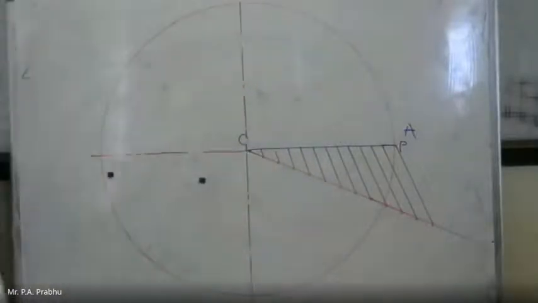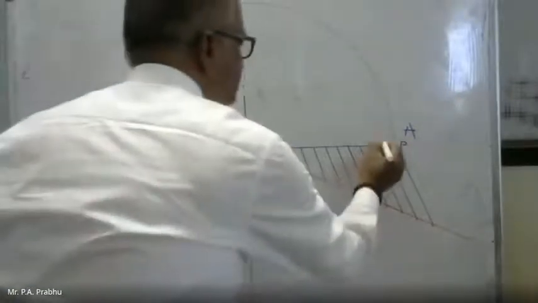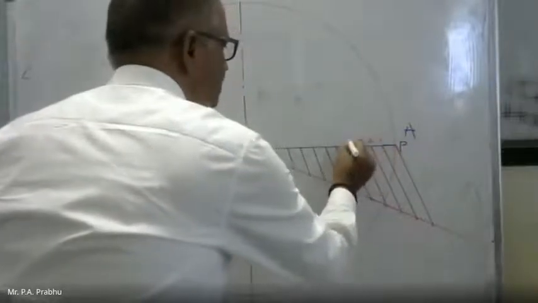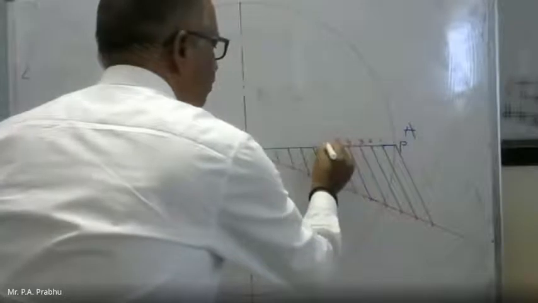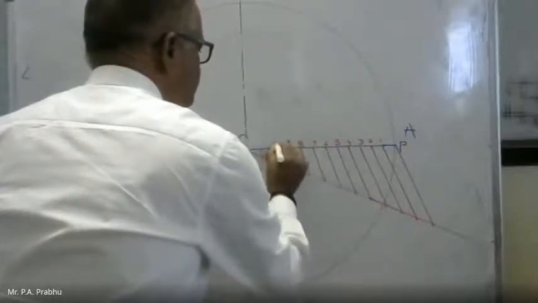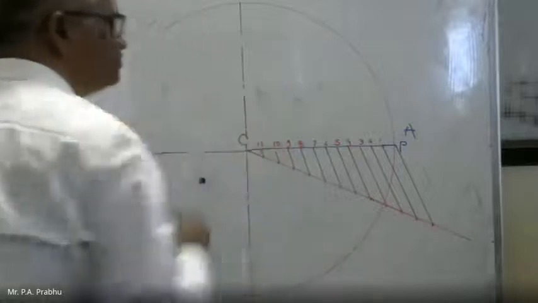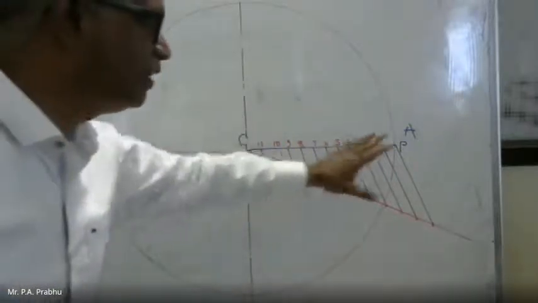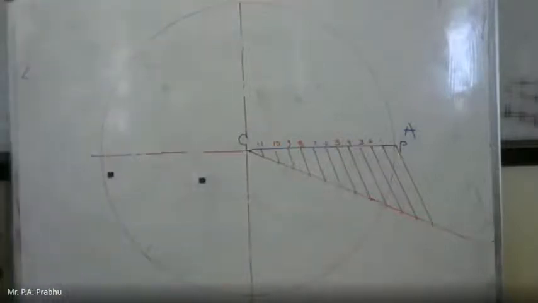So I have divided this 100 mm into 12 parts and marked these points 1, 2, 3, 4, 5, 6, 7, 8, 9, 10, 11, 12. So we have divided this 100 mm into 12 parts by the graphical method.